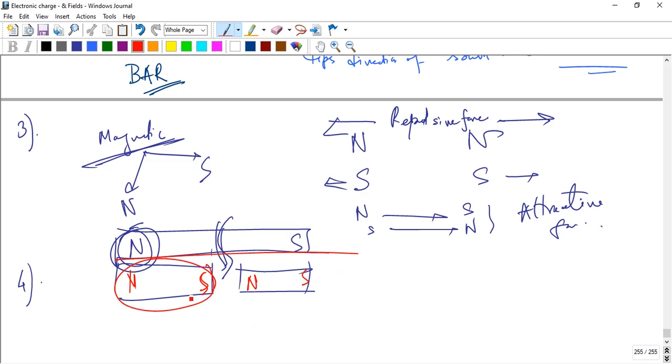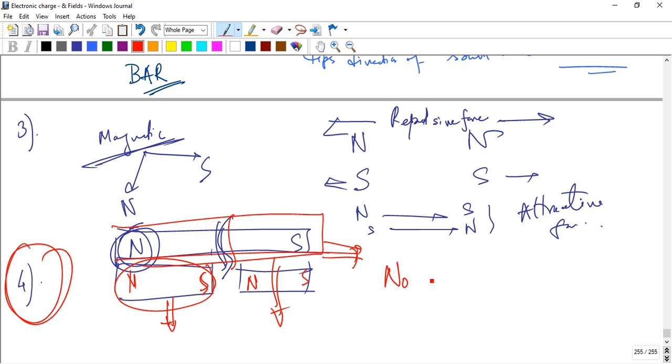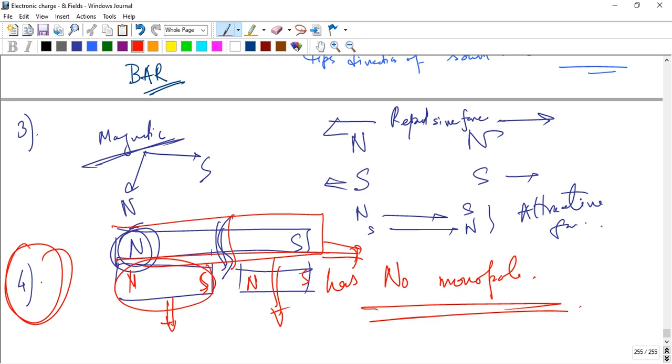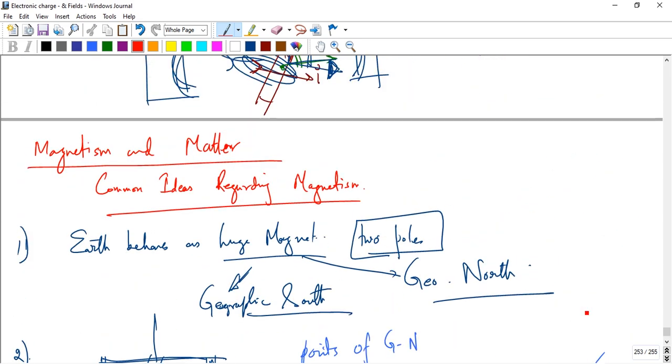This small piece broken from the original is also treated as a magnet, but the force is a little weaker than before. So the final conclusion is that a magnet has no monopole. Dipoles are always present. Clear? These are the basic four common ideas regarding magnetism.